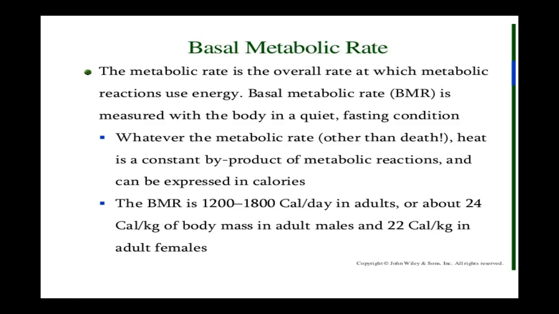That process of breaking down molecules or building them up is always going to give off heat. That heat is expressed in calories, and generally about 9 calories per gram for fat, and approximately 4 for each of protein and carbohydrates.